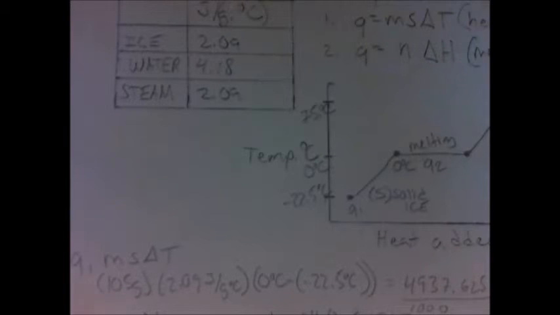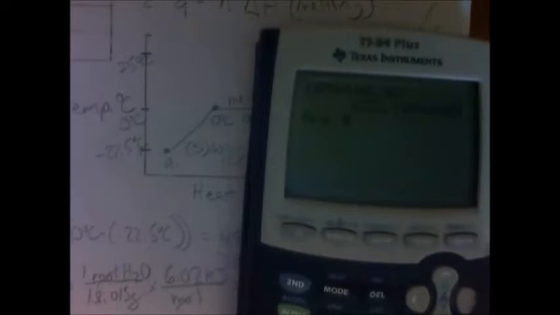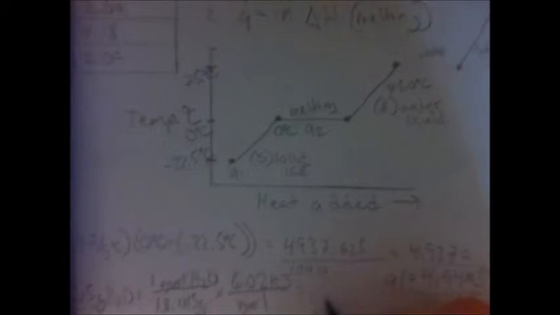We end up with 105 times 1 times 6.02, divided by 1 times 18.015 times 1, which is 35.087.